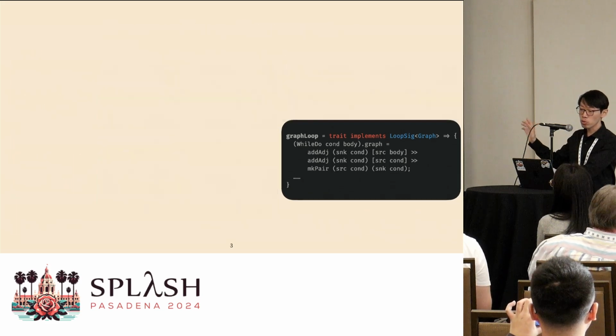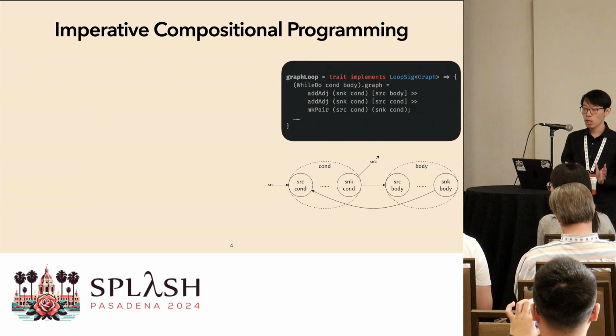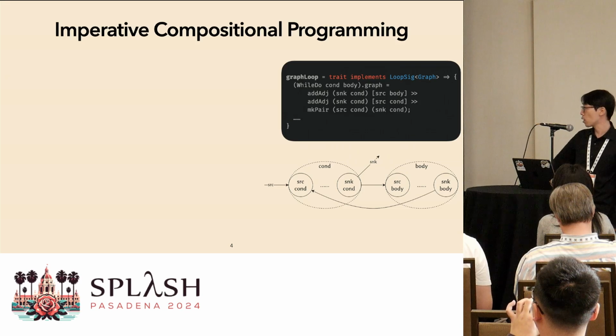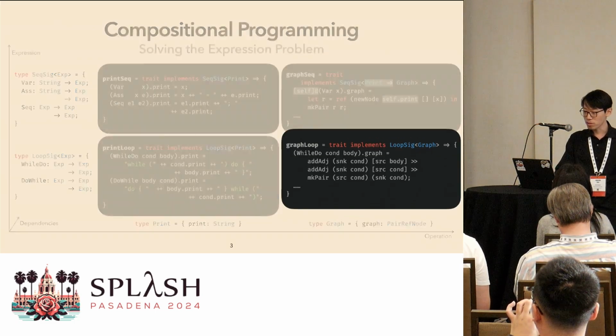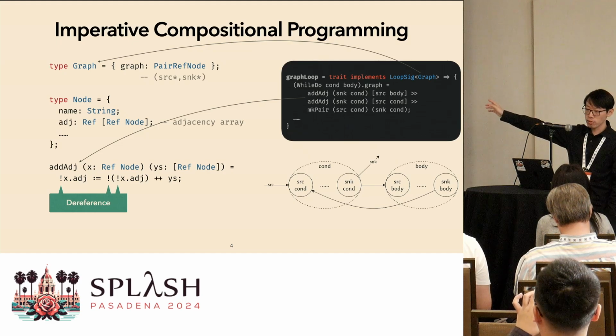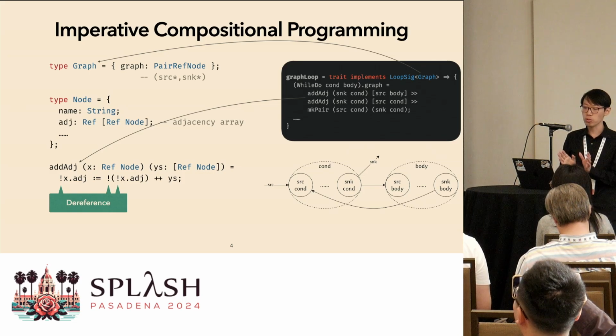But we want to have a closer look at this function because we have imperative things like references. For example, the goal is to build a control flow graph like this one. Sorry, I pressed the wrong button. This one has a data type graph that's a pair of references of nodes, like two pointers.